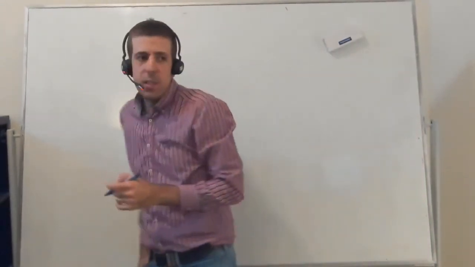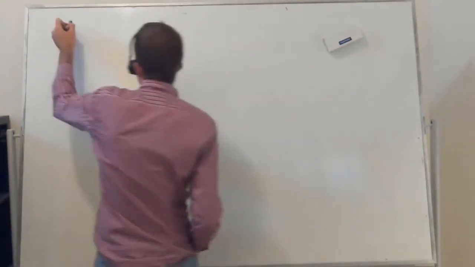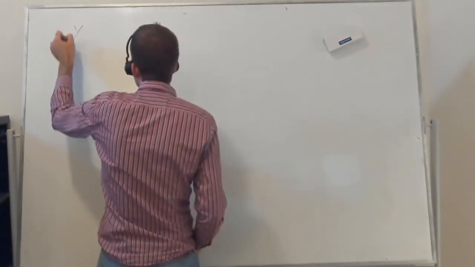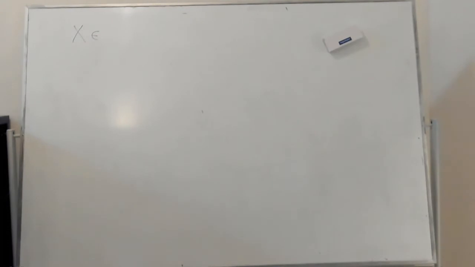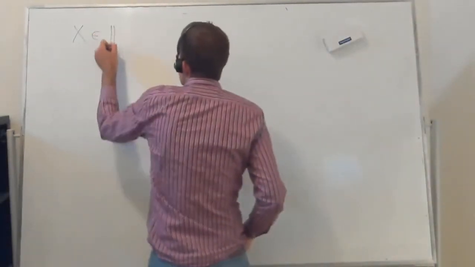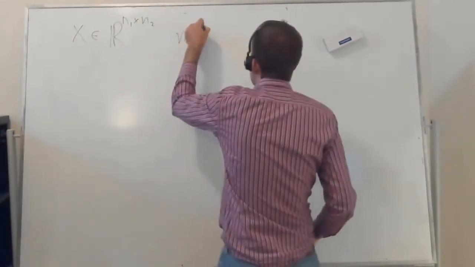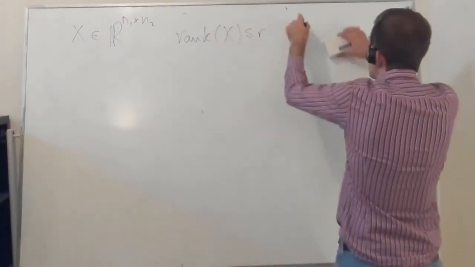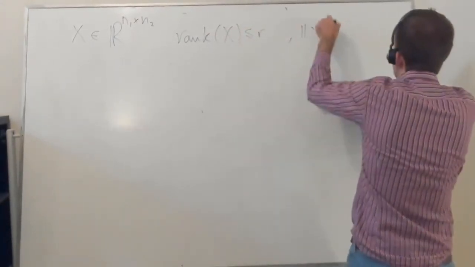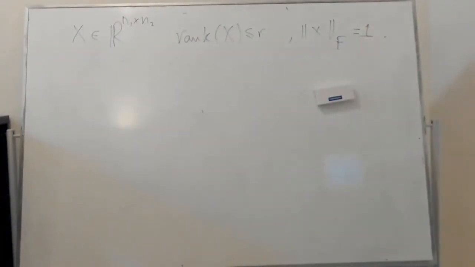So here we'll compute the Gaussian width of the set of low-rank matrices. Take X, say a matrix that doesn't need to be square, so an N1 by N2 matrix, where the rank of X is smaller than or equal to R. And of course we normalize them in the l2 norm, which here, the natural thing is the Frobenius norm, the sum of squares of the entries.